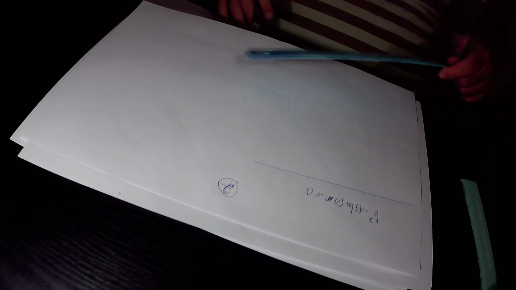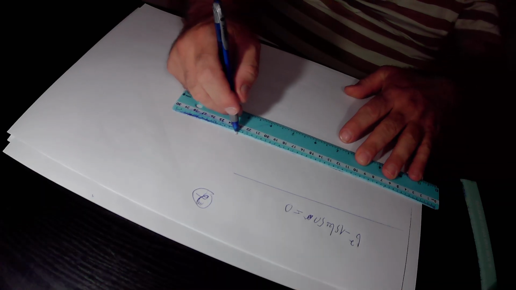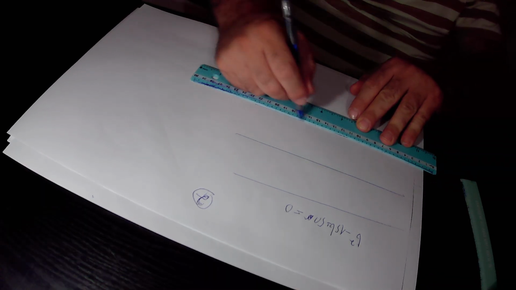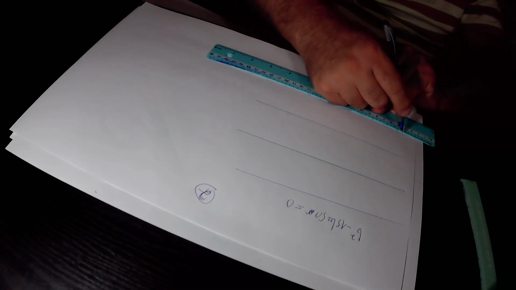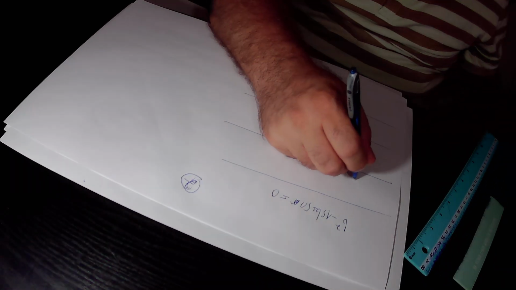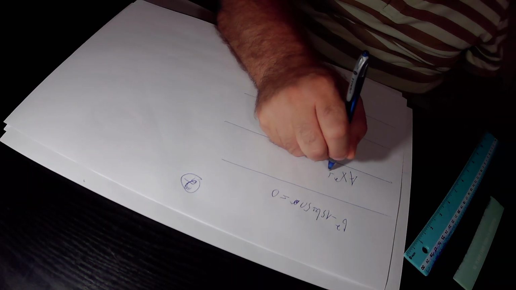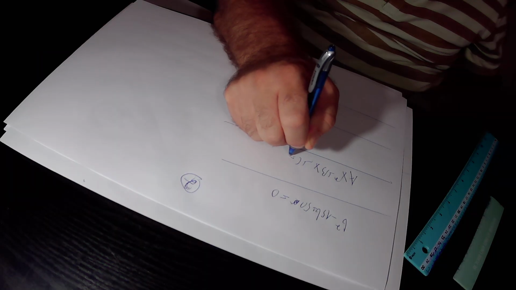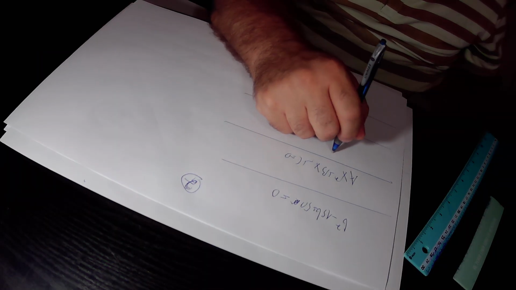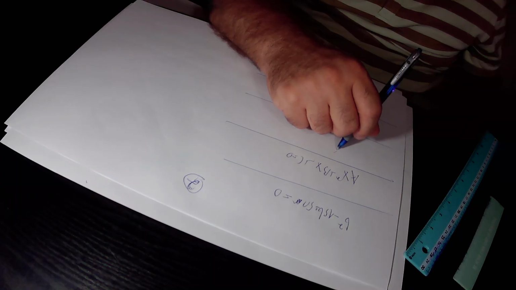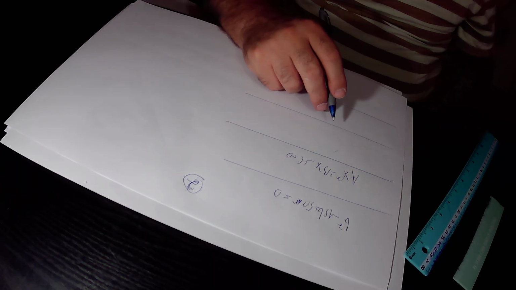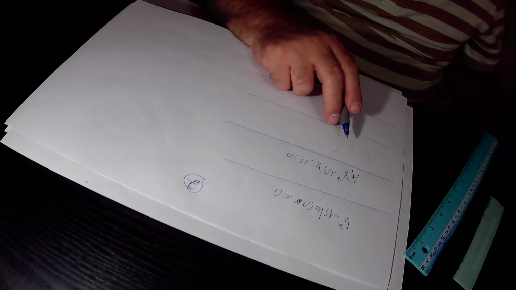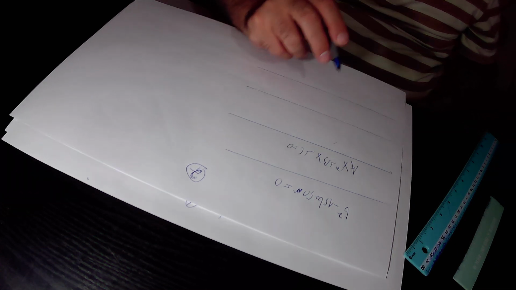So this is a quadratic equation, and the general form of a quadratic equation is ax squared plus bx plus c equals 0.